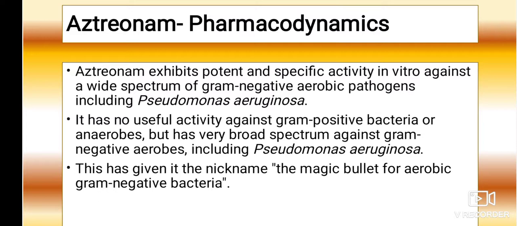It has been given the nickname the magic bullet for aerobic gram-negative bacteria, as it has activity against gram-negative bacteria and can kill them; it is bactericidal in action. It has bactericidal activity, which is why this nickname has been given.